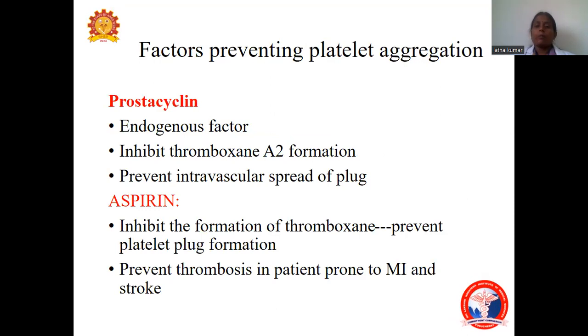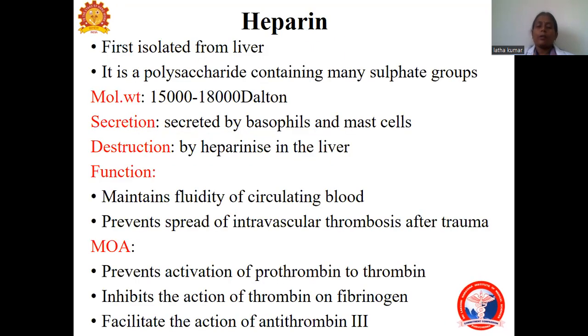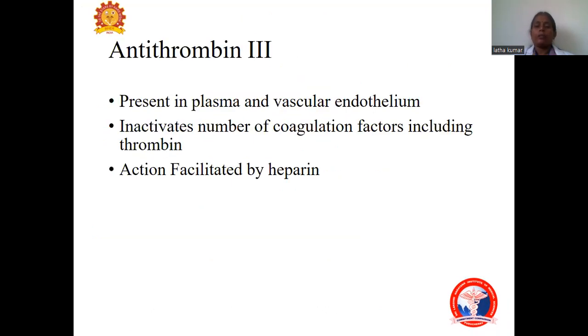Factors preventing platelet aggregation are prostacyclin and aspirin, both of which inhibit thromboxane A2 formation. Circulatory anticoagulants are heparin, antithrombin 3, and protein C. Heparin prevents the activation of prothrombin to thrombin, inhibits the action of thrombin on fibrinogen, and facilitates the action of antithrombin 3.